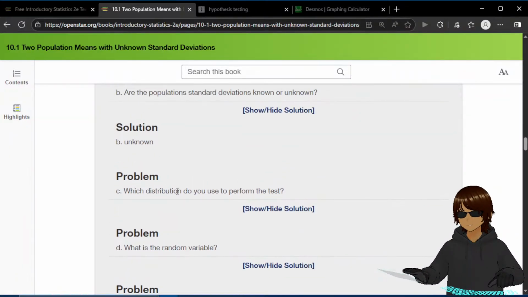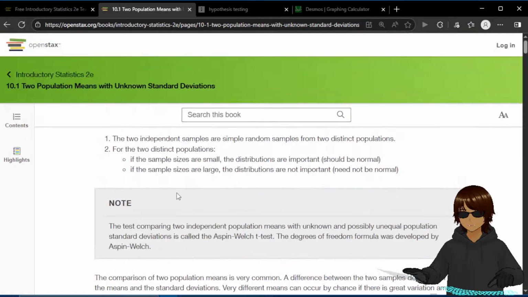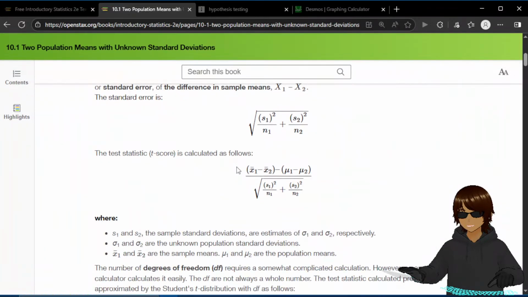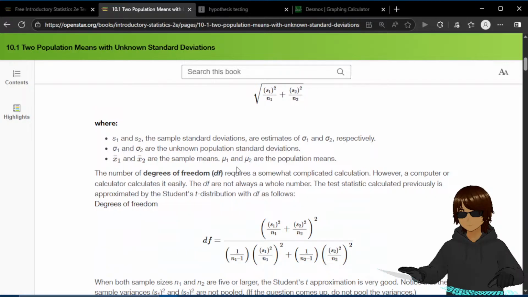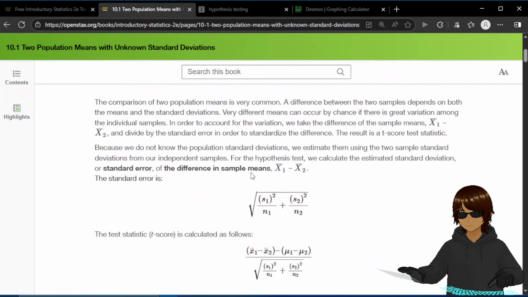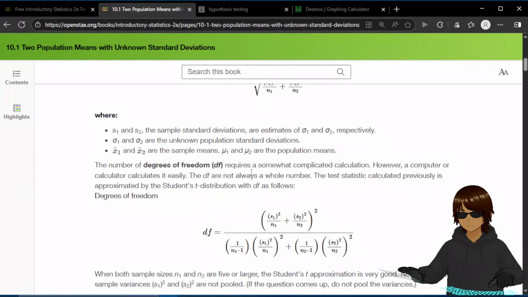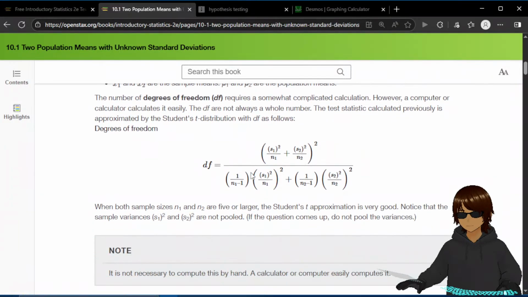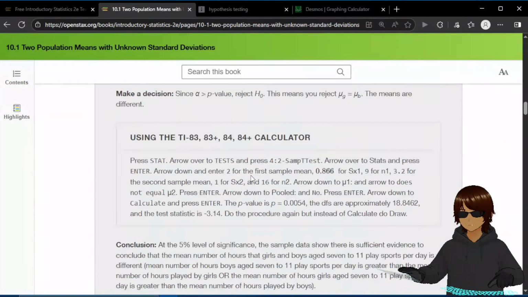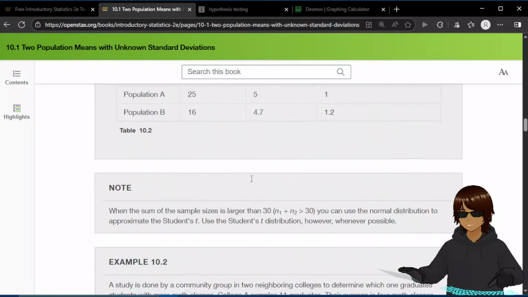What distribution do you use? Sample sizes are small. Do we use the T distribution? But they say it's normally distributed, right?